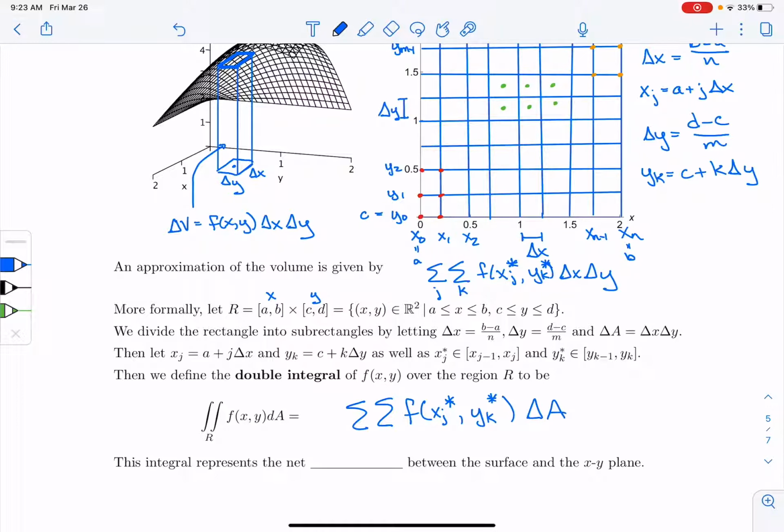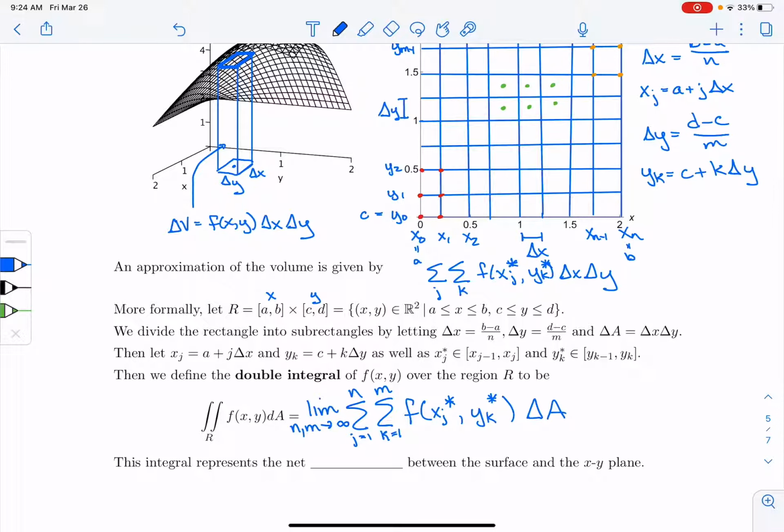This sum runs from j equals 1 to n, and k equals 1 to m. And then we need to take a limit as n and m go to infinity.